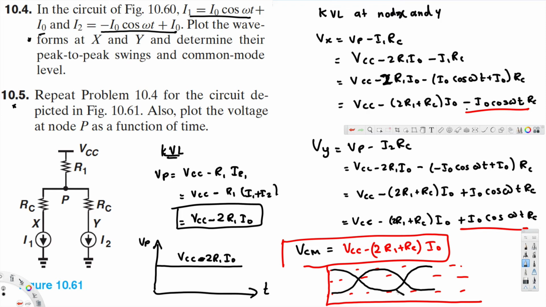This one is VY and this one is VX, and VX peak to peak is 2RC I naught, and VY peak to peak is 2RC I naught, and that's it. This is VX peak to peak and this one is VY peak to peak. And that's how we do this kind of problem.